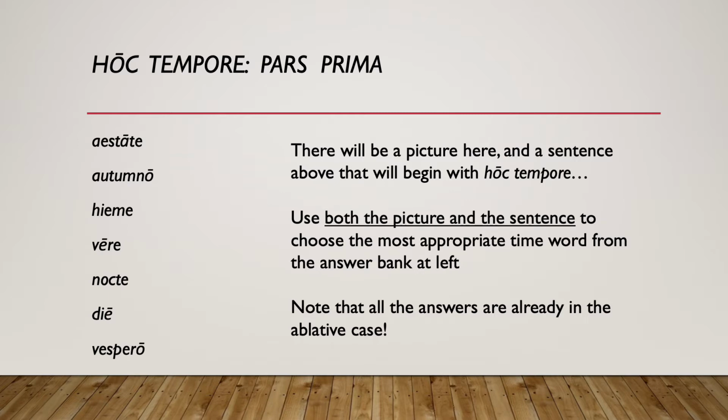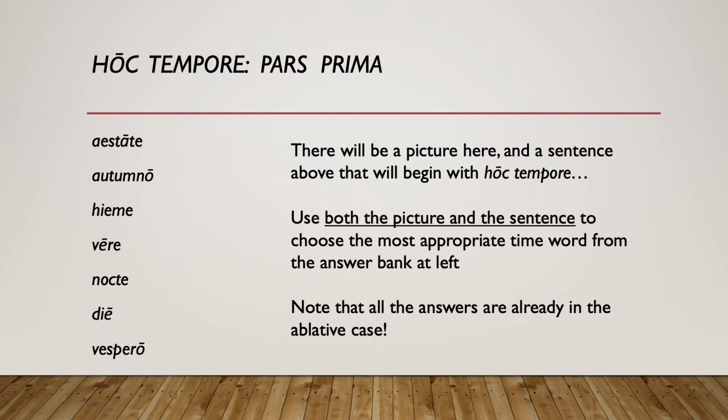Note that these answers are already in the ablative. Aestate, autumno, hieme, vere, nocte, die, vespero. They're all ablative already. So use those answer banks to slot them in and replace the phrase hoc tempora. At hoc tempora, something happens. In the spring, this thing happens, right?